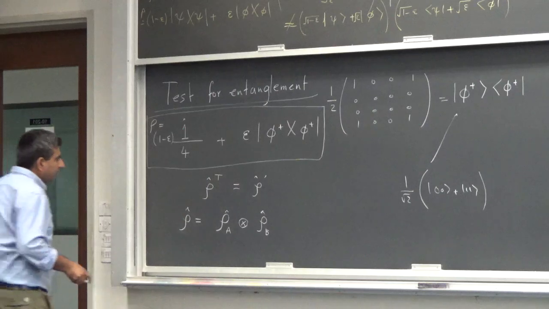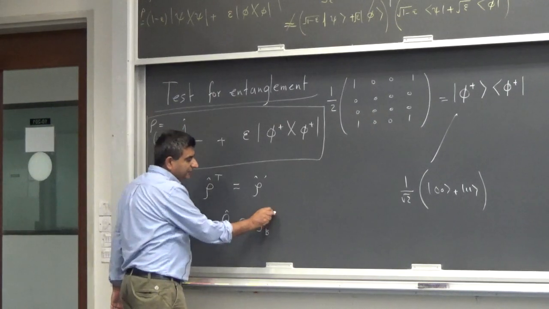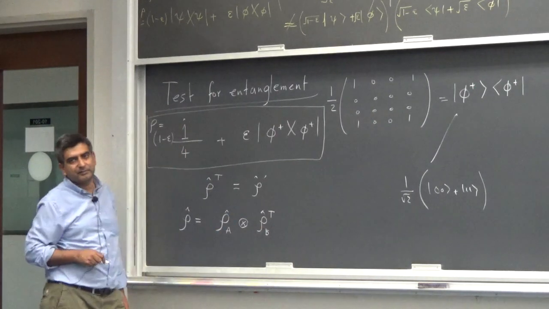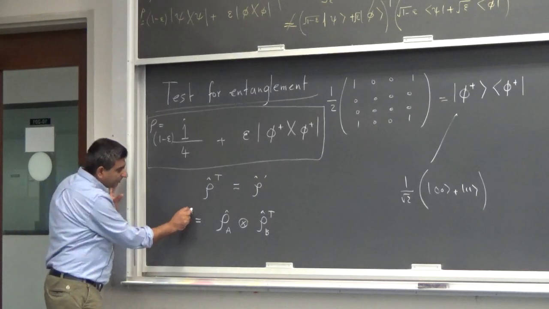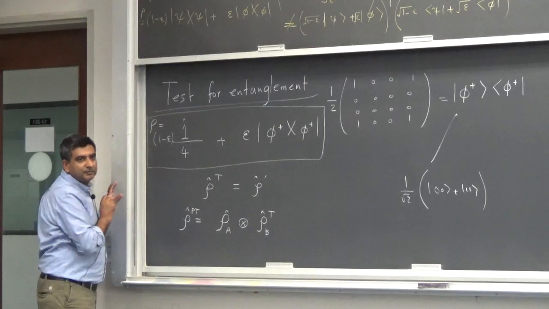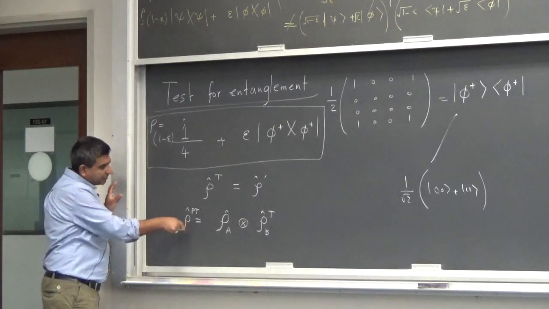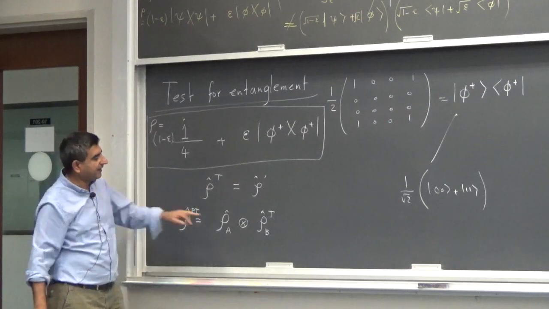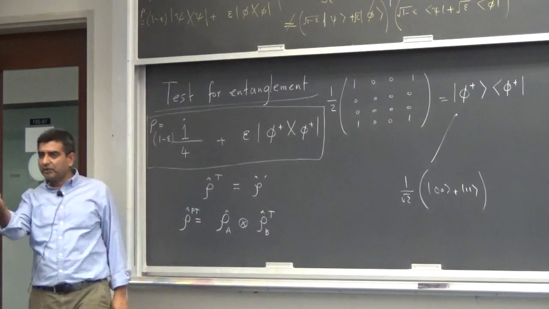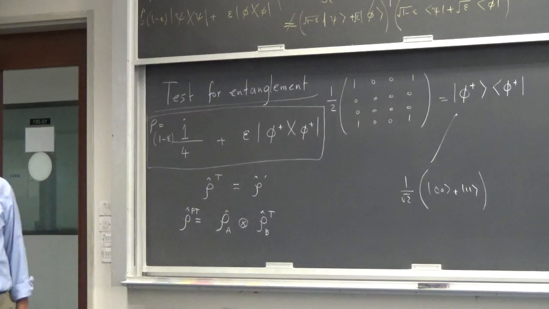And if I were to take a transpose of just one of the subsystems, this operation is called partial transpose. So I take the partial transpose of the composite density matrix, which means I take just the transpose of one of the two components of the bipartite system.